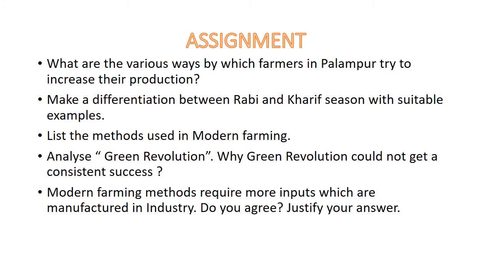Analyze the Green Revolution. Why could the Green Revolution not get consistent success? And the last question of this module: modern farming methods require more inputs which are manufactured in industry. Do you agree? Justify your answer.